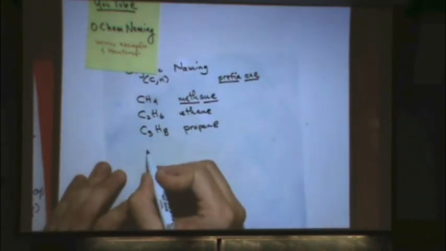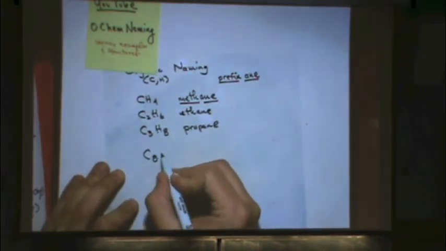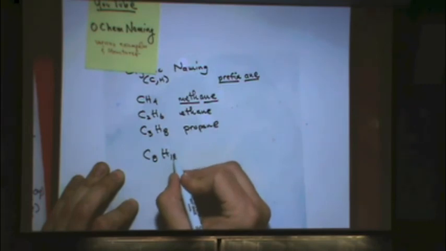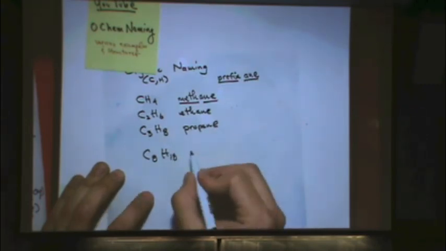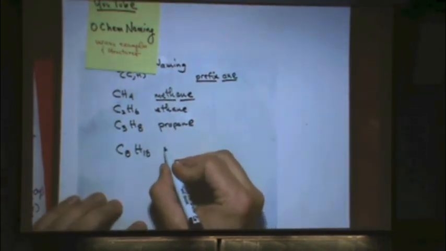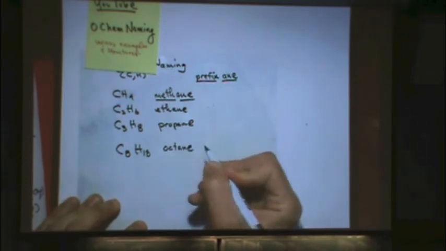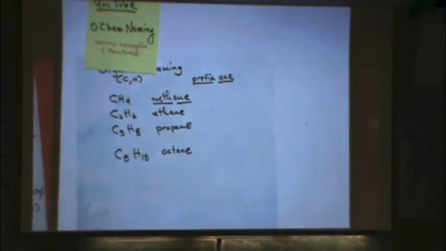Or if we jump up a little bit, C8H18. For 8 carbons, it is octane. For high octane gasoline, this is what we're talking about.